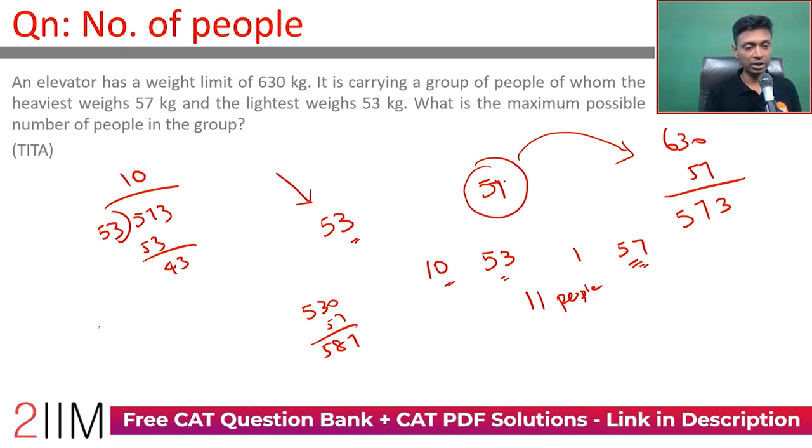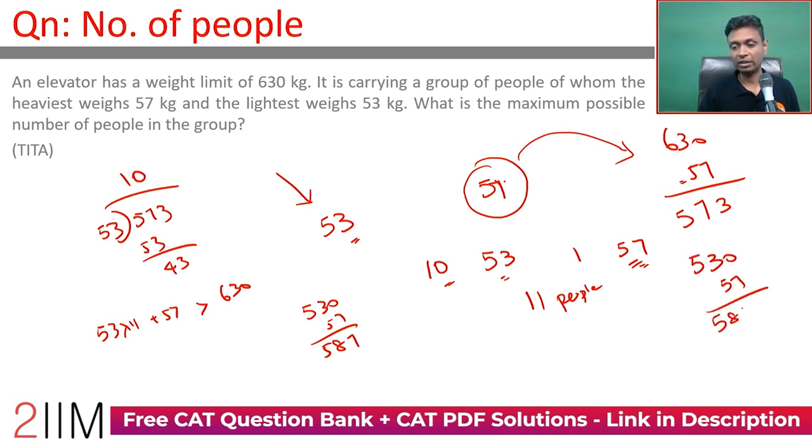Fine. So 53 into 11 plus 57 is greater than 630. So that doesn't work. 11 people with 1 weighing 57 and the rest weighing something less than that, but greater than 51. 53 or greater will work. So 53 into 10, 530 plus 57 takes us to 587.